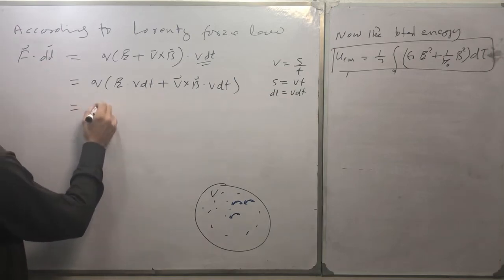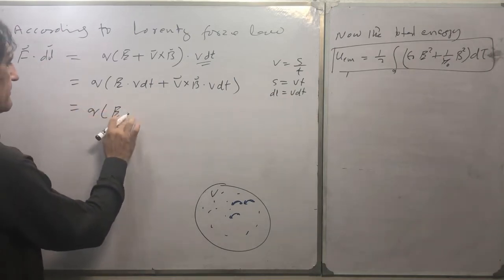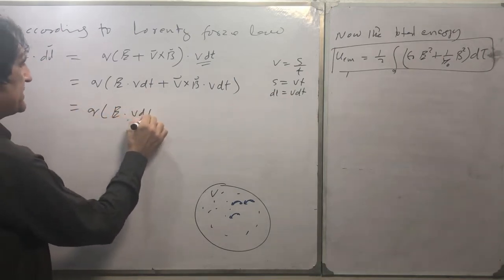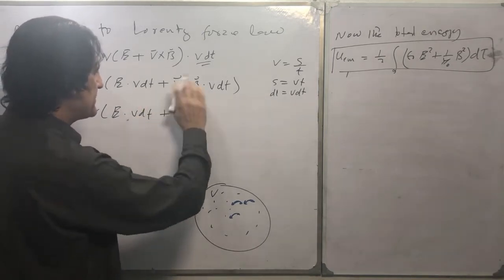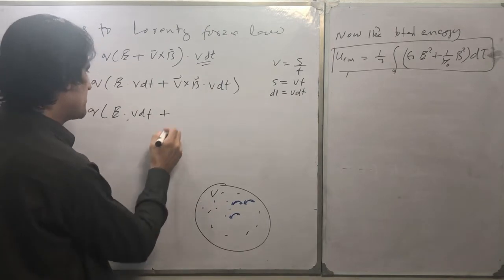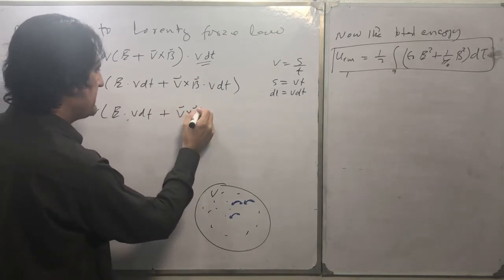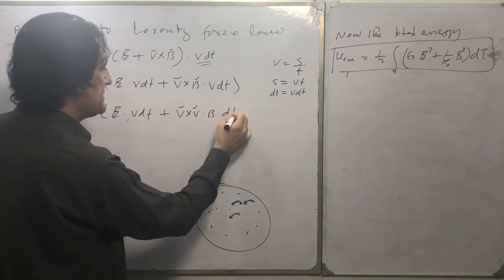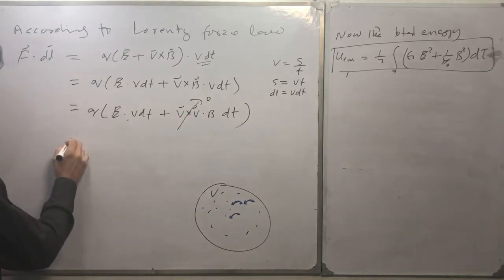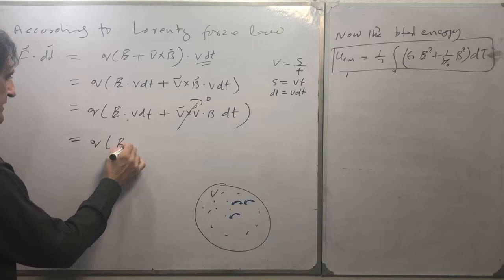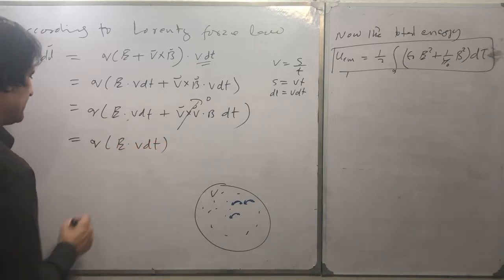Shifting the cross and dot product, v cross v dot B is equal to 0, leaving q E dot v dt.